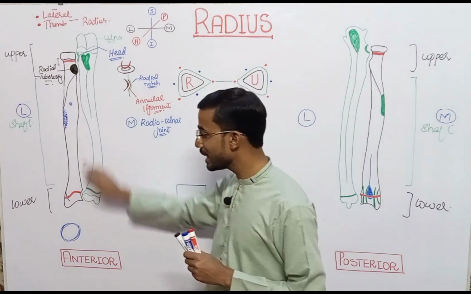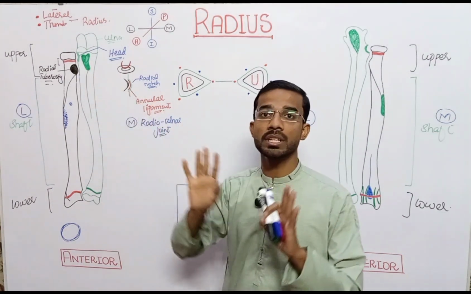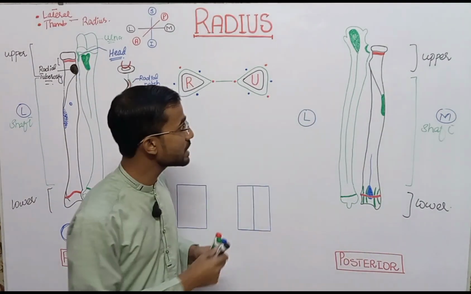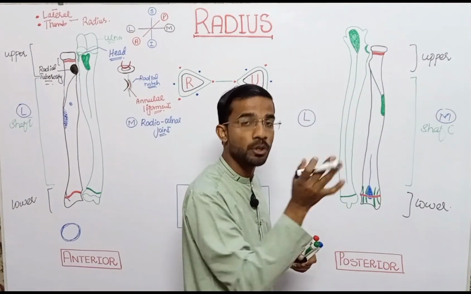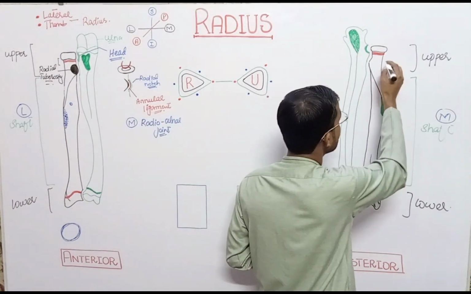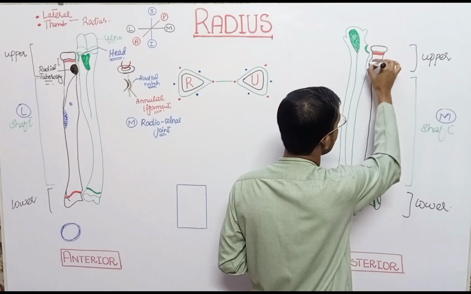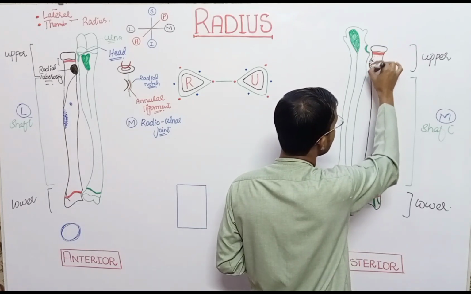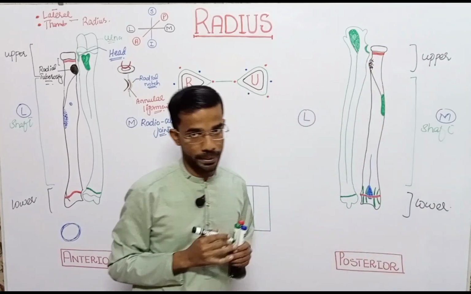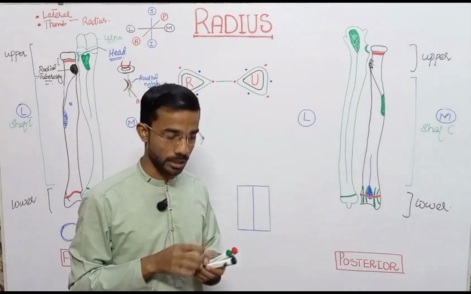At the anterior side the radial tuberosity is smooth, but if we see the upper part of the posterior side, then you will see that the radial tuberosity is actually rough in appearance. So this is another important point.